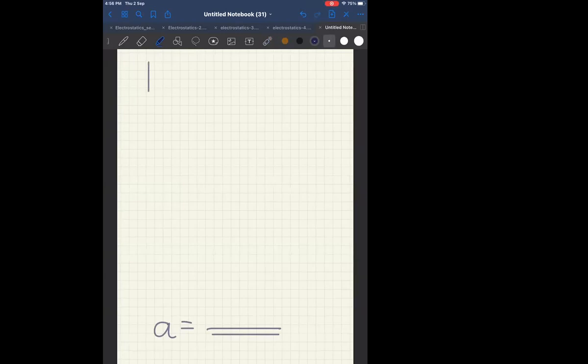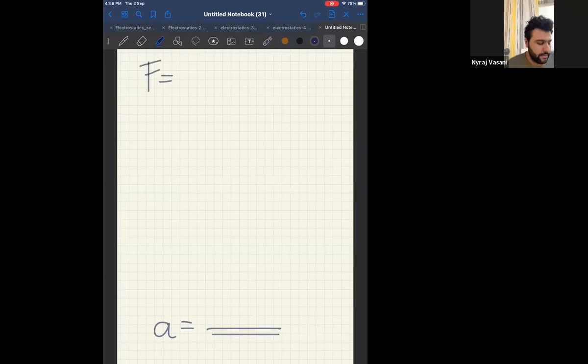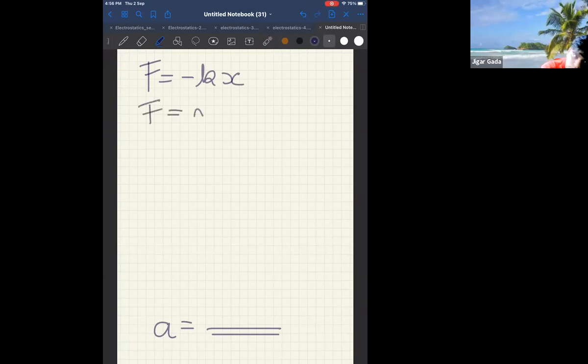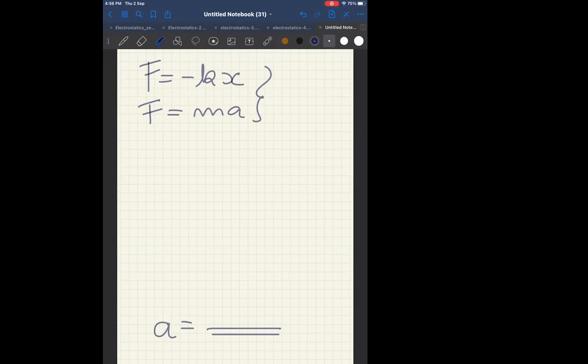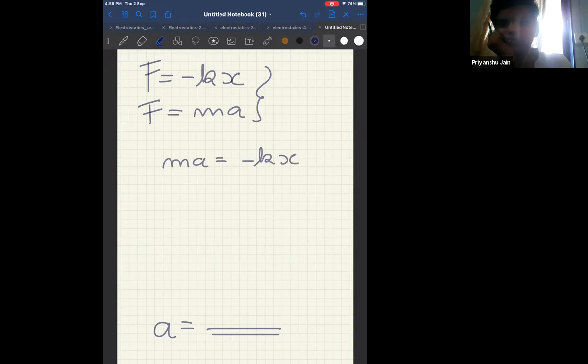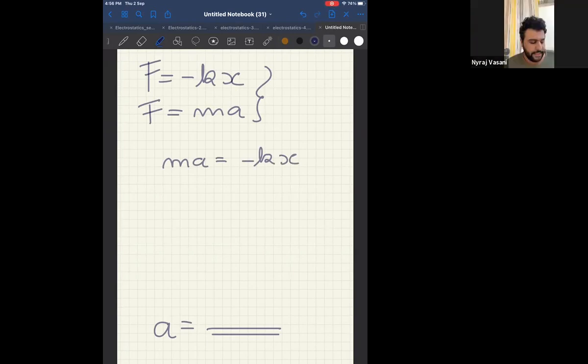Force F is equal to ma, minus kx. Correct, these two formulae for force. Therefore, can I say since both are force, can I say ma is equal to minus kx? Yes, sir.